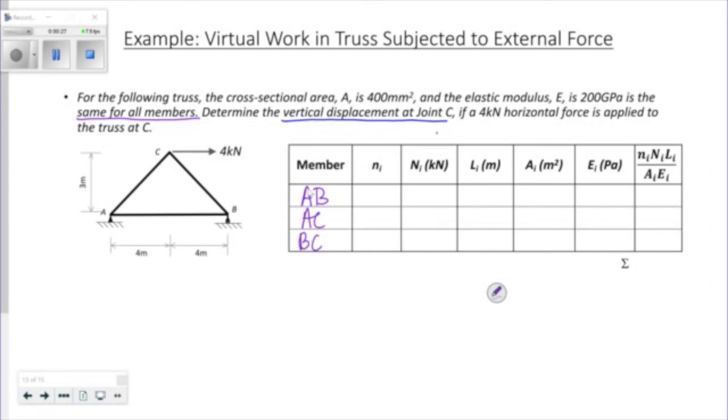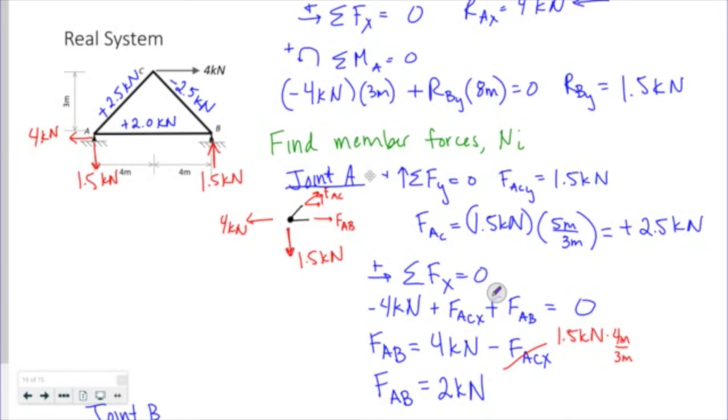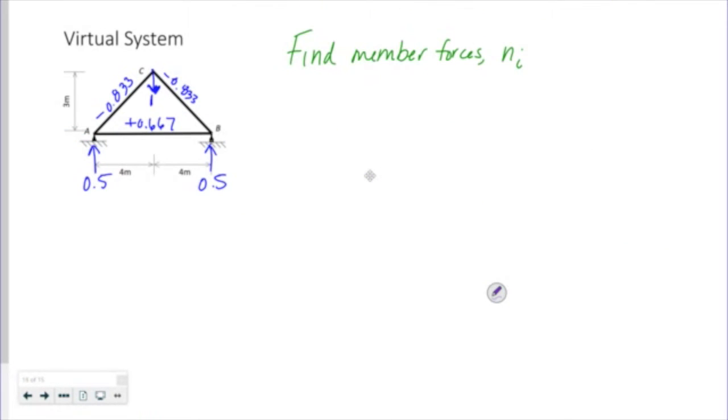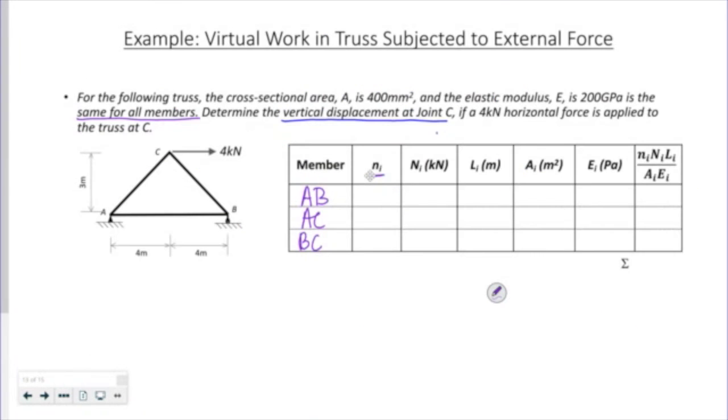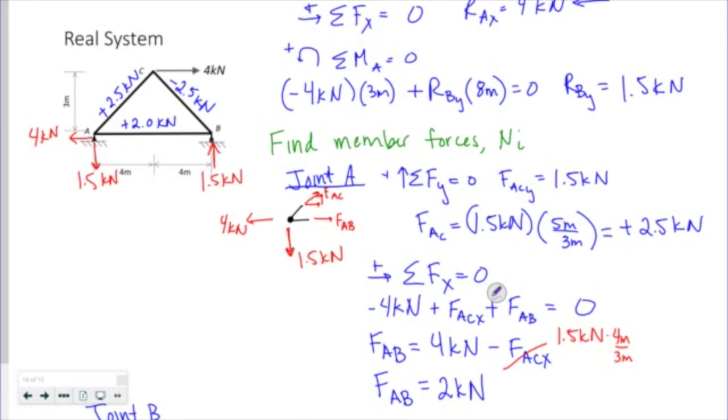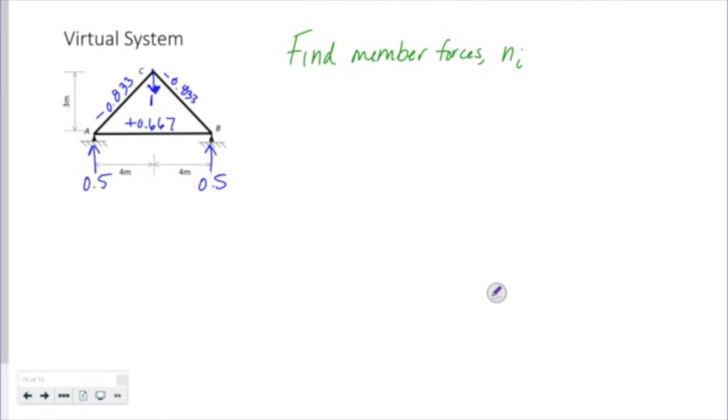If I look at my virtual system, the first thing I want to find out is the internal forces in my virtual system. Member AB is plus 0.667, and this is unitless, remember. AC and BC are both negative 0.833.